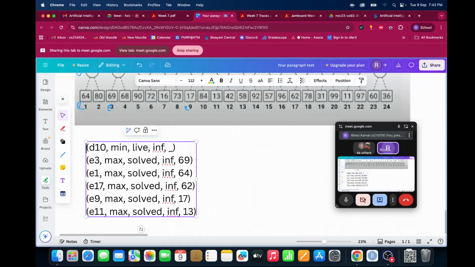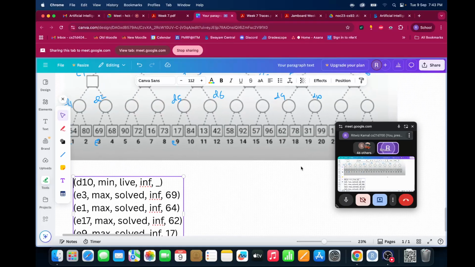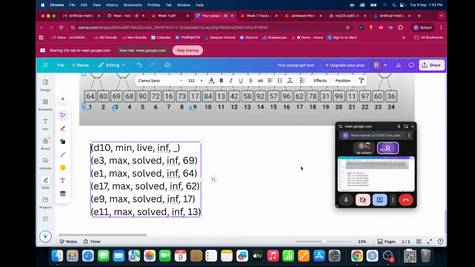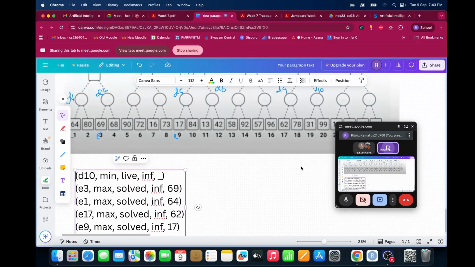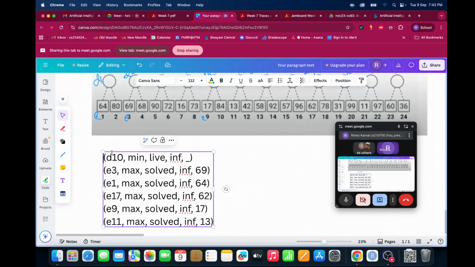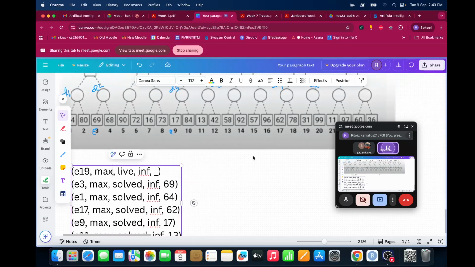Next, D10 will be popped, and what will be added? E19. That's correct. E19, which is a max node, live and infinity bound, and current value unknown. E19 will return a value of 31.